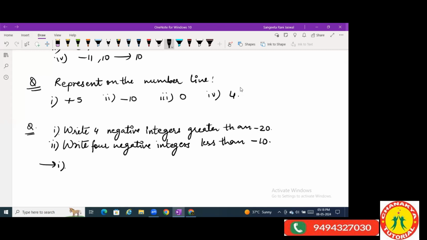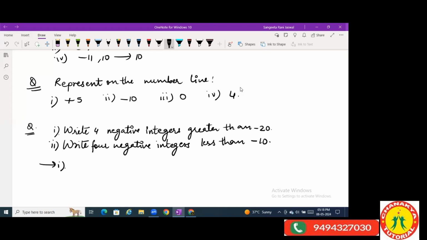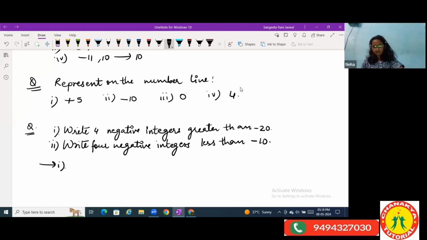Yes, Neha, tell me the first one. Negative integers greater than minus 20. Yes, ma'am. Minus 22. Negative integers greater than minus 20. What is greater?